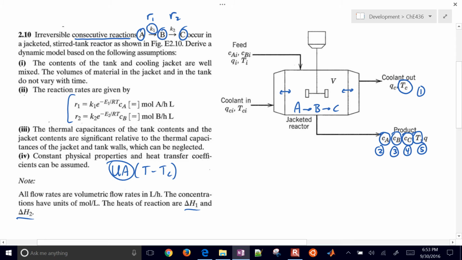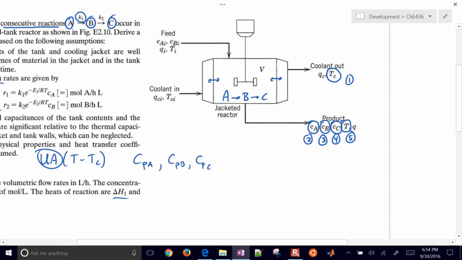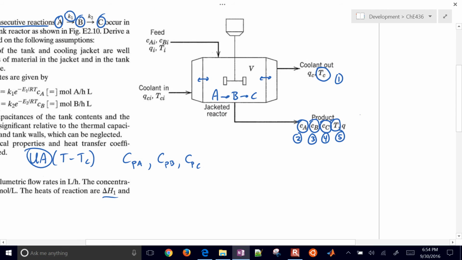And then you might have some other properties like the heat capacity of A, the heat capacity of B, and the heat capacity of C as well. Okay, so we're just going to assume those are constants in this problem. So let's go ahead and start with this one first.